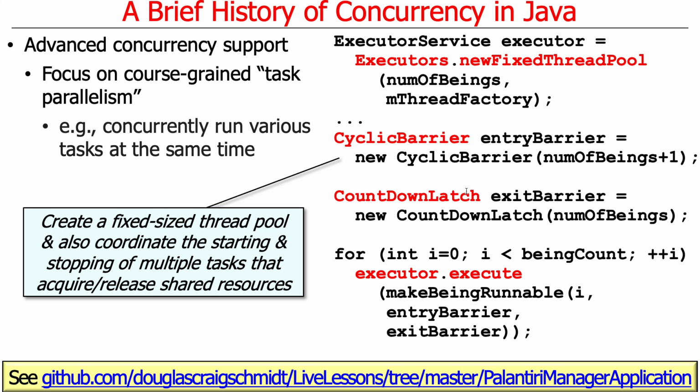Again, you'll have to come back for the class, but we have a really cool visualization in Android of beings from Middle-earth, right? So hobbits and wizards and dark lords and stuff like that. They run, and they contend for a limited number of Palantiri, which are mystical seeing stones that allow you to communicate over great distances. Anyway, I'm a Lord of the Rings fan, as you'll find out. So it was just a fun way to show off a bunch of cool features from Java 5 and other technologies.